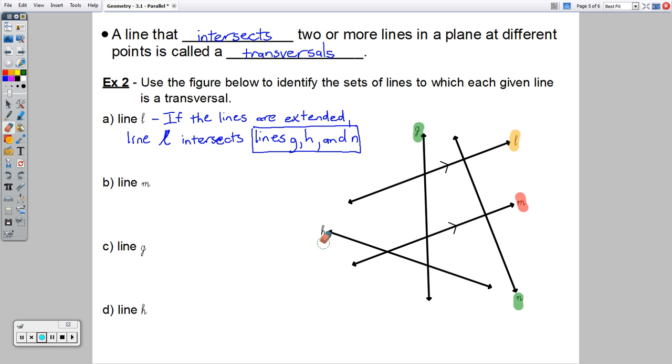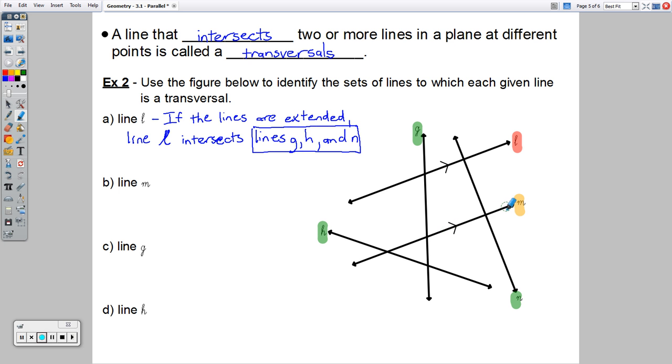So let me get rid of that now. And let's talk about line M now. Here's line M. It's a transversal, so it crosses which other lines? Well, it's not going to cross L because it's parallel to that, but it is going to cross G, H, and N if you extend the lines out forever.